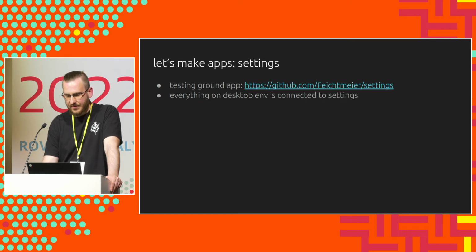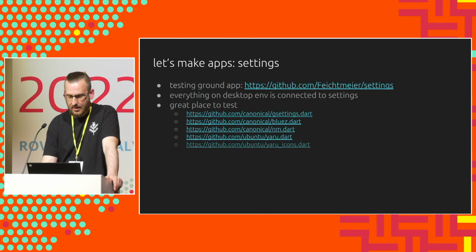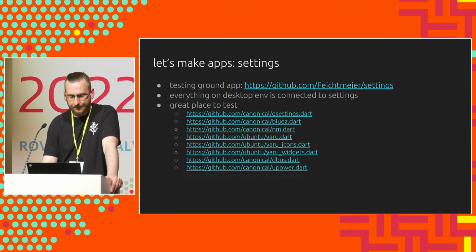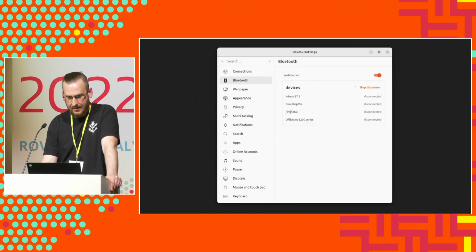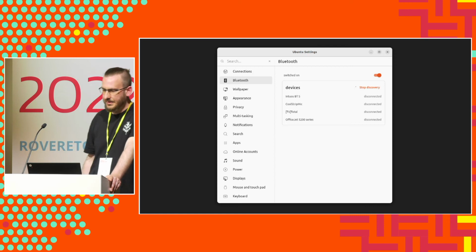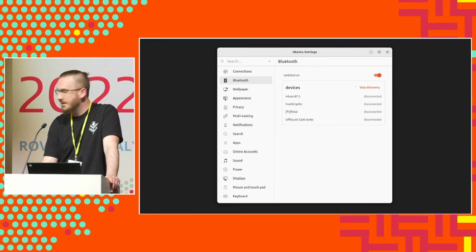Today in the morning we've seen the use of plugins, but there's actually a lot of free desktop APIs you can make use of, so we got GSettings, BlueZ, NetworkManager, yaru.dart, Yaru icons, Yaru widgets, D-Bus, UPower, UDisks, and thanks by the way to Robert Ancell, who created most of the stuff. And so we created the settings app, which makes use of all these fancy libraries.